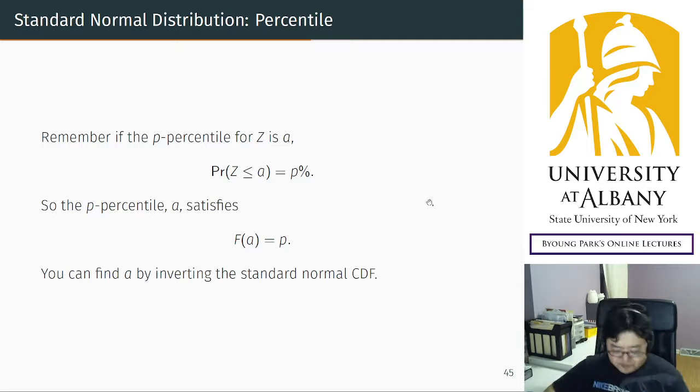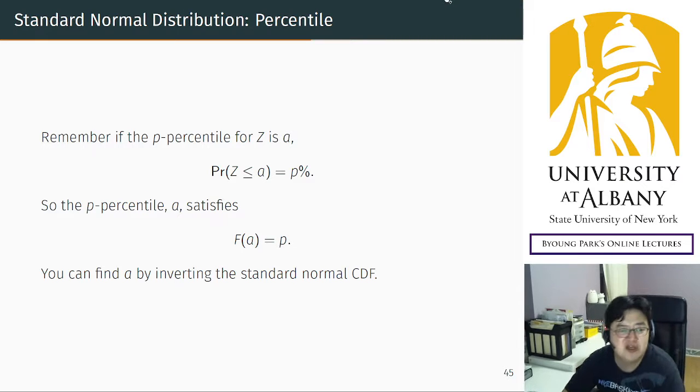Okay, now I will think about another approach. So far, what we considered was when you know A, this number, I taught how to calculate this probability P. But you may go the other way. Now think about the problem like this: if you know the probability P, how can you obtain A?